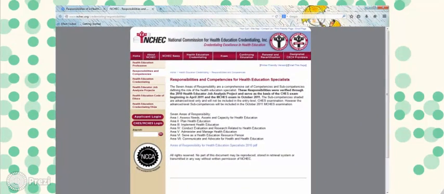Area 1, assessing needs, 2, plan health education, 3, implement health education, 4, conduct evaluation and research, 5, administer and manage health education, 6, serve as a health education resource person, and 7, communicate and advocate for health and health education.